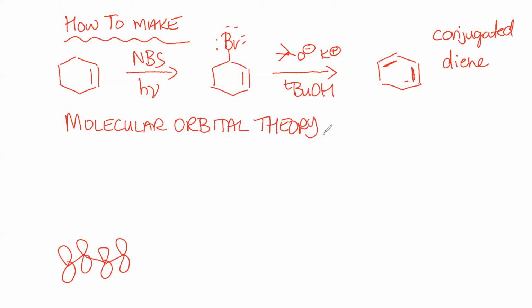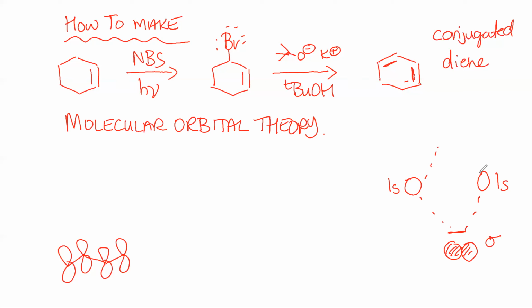When we first talked about molecular orbital theory, we would have bonding orbitals and anti-bonding orbitals. If we had a 1s orbital coming together with a 1s orbital to form bonding, the bonding orbital would be lower in energy. This would be a sigma bond, which would be in phase.